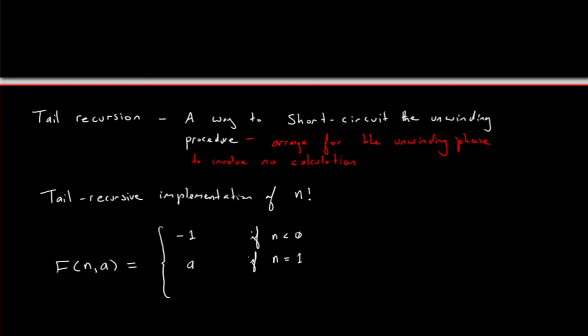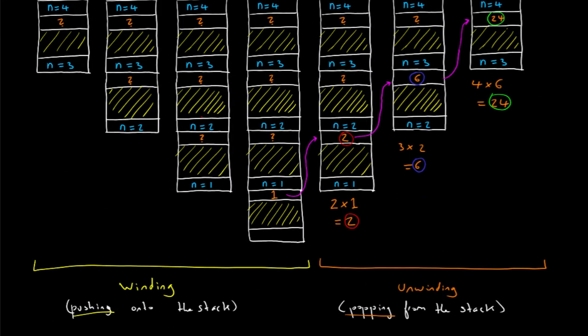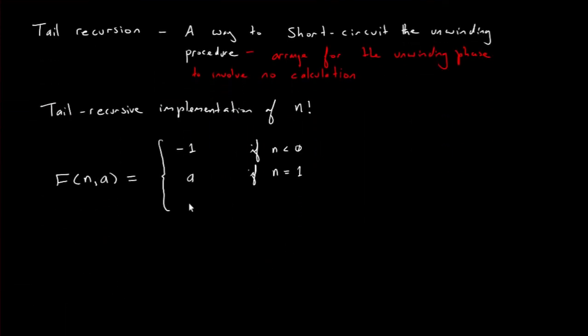All of that is going to be fed into our winding phase, which we're already forced to do anyway. So, -1 if n is less than 1, a if n is equal to 1, because this is our current value, and when n is 1, we're done with the calculation.